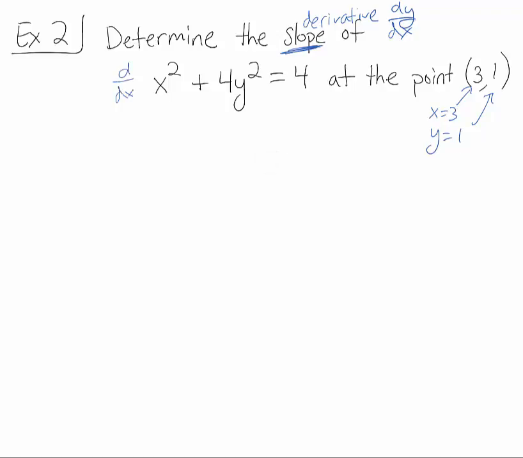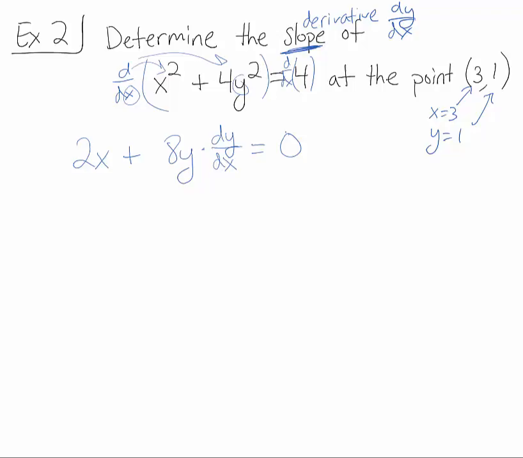So I'm going to take the derivative of both sides with respect to x, and that gives me the derivative of x squared is 2x plus the derivative of 4y squared is going to be 8y, but these are different, so times dy/dx equals, and the derivative of any constant number is just 0.